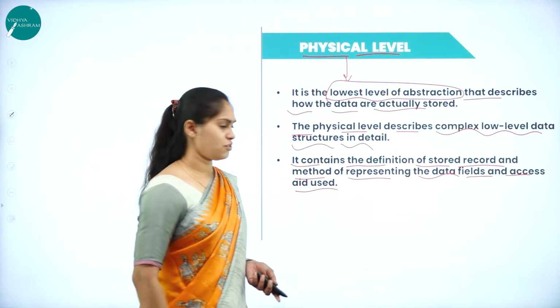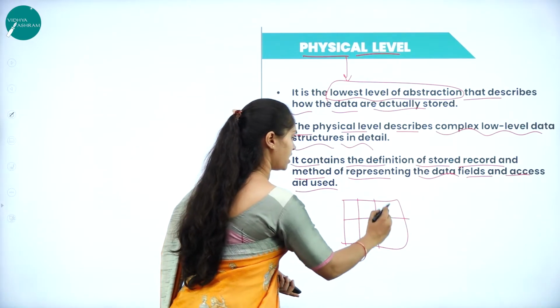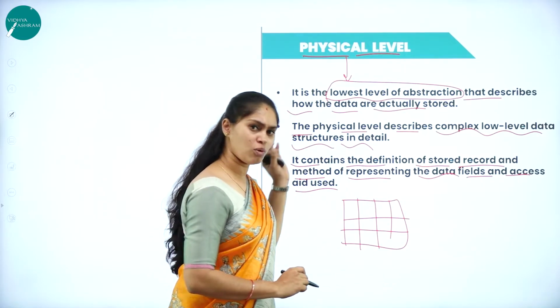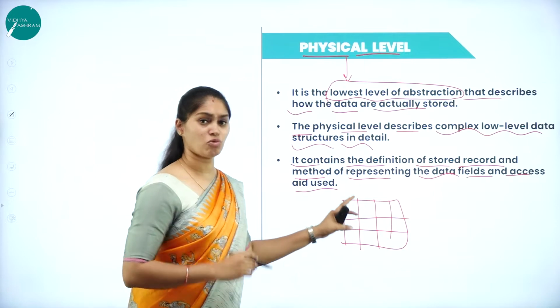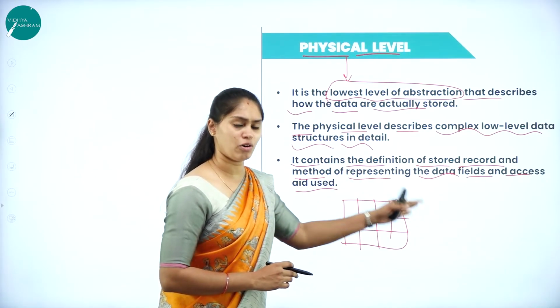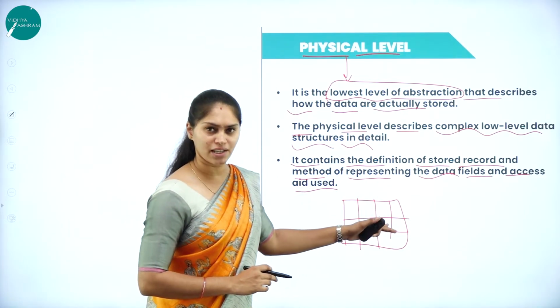That means if I have a database, in the physical level I can get to know the name of this database, how many fields it has, how many rows and columns it has, what kind of data it is storing, what the schema is, and what the name of that particular file is.